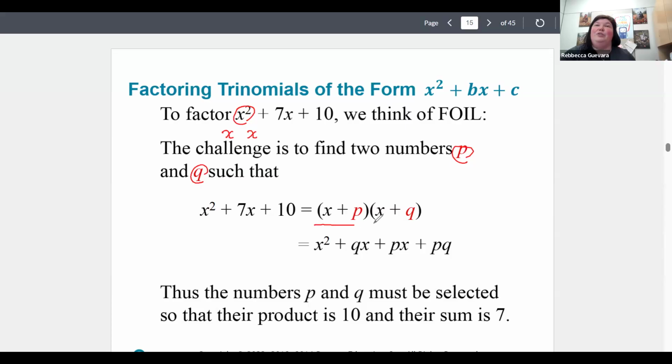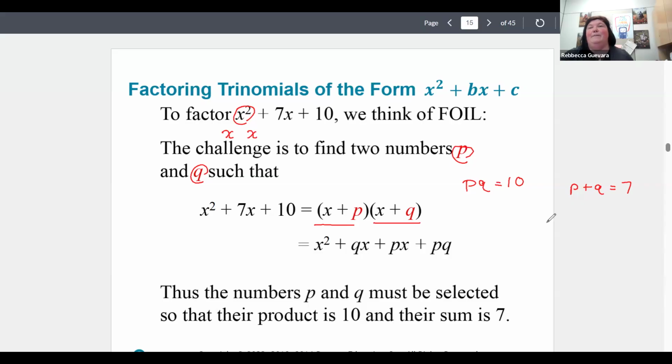So we're going to have two terms: x plus whatever one number is, and x plus whatever the other number is. And what we know is that p times q is supposed to give me 10, and p plus q is supposed to give me 7, because that's what happens when we multiply these two terms with FOIL.